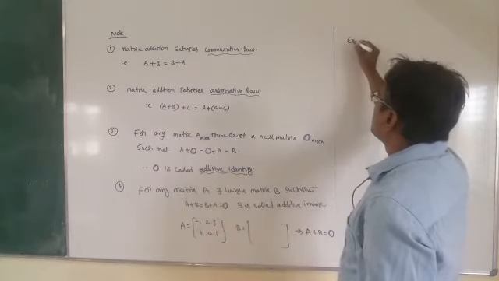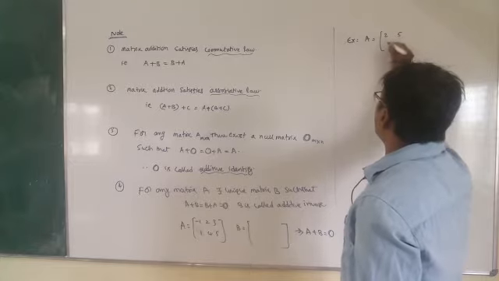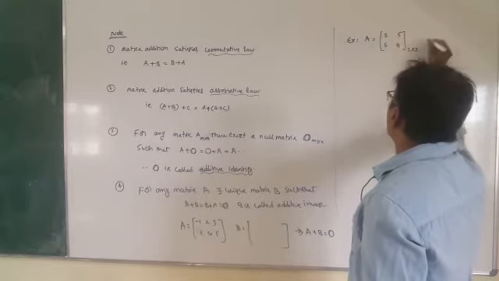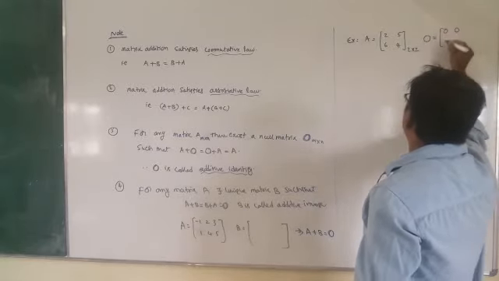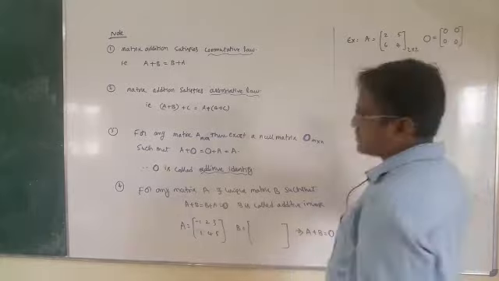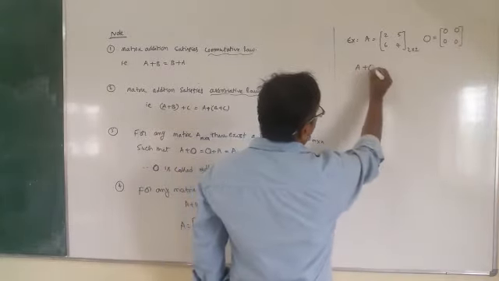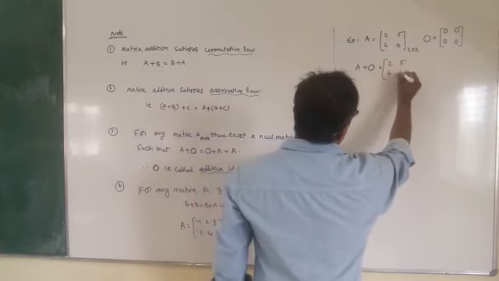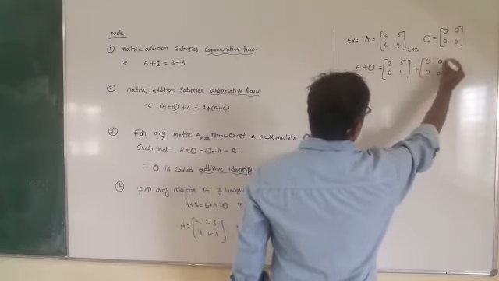See this: capital A is equal to matrix 2, 5, 6, 4. Now you can find a null matrix of order 2, matrix 0, 0, 0, 0, such that if you find A plus O, it will be 2, 5, 6, 4 plus matrix 0, 0, 0, 0.